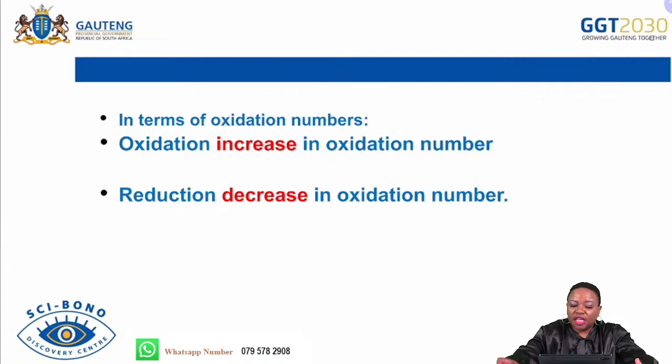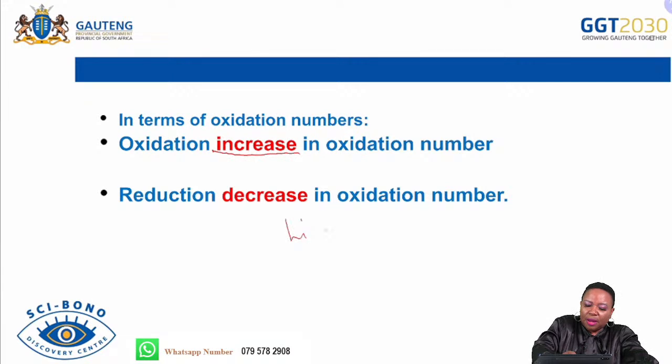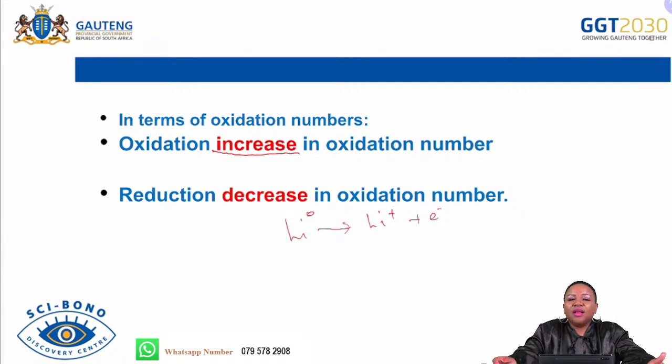Then in terms of oxidation number, when we see that the oxidation number of a substance increases, for example, if you see lithium forming lithium ion plus electron, we can see the oxidation number moves from 0 to +1. Already we can say lithium as the metal has undergone oxidation because its oxidation number has increased.